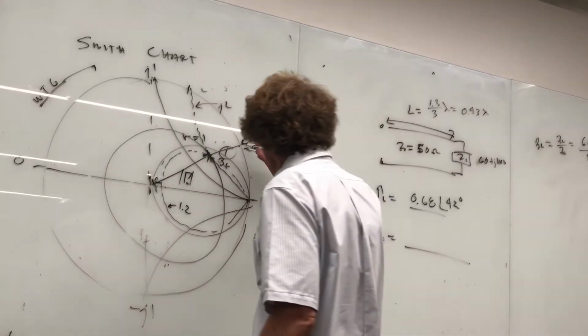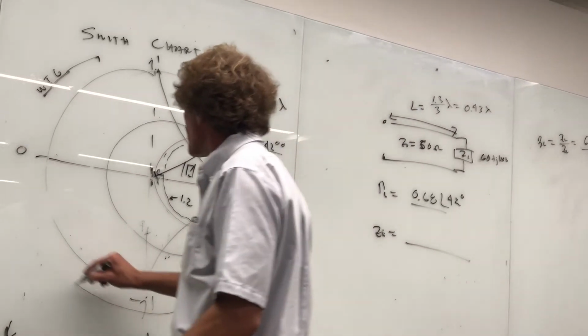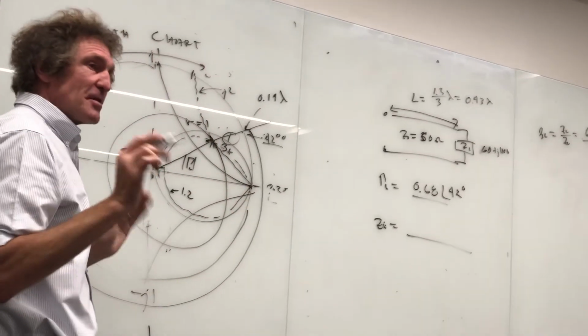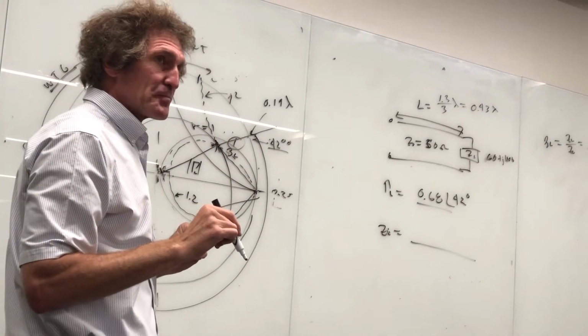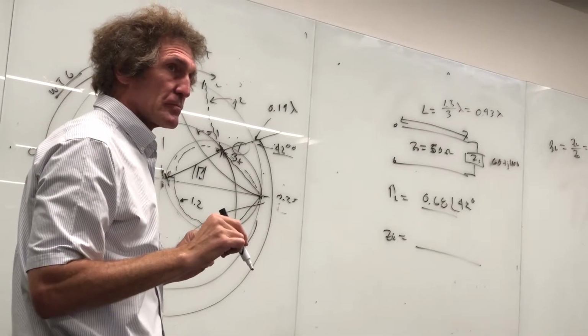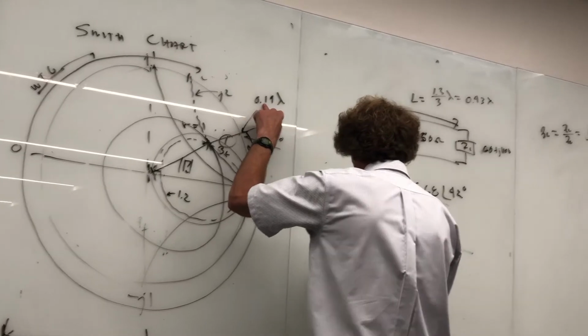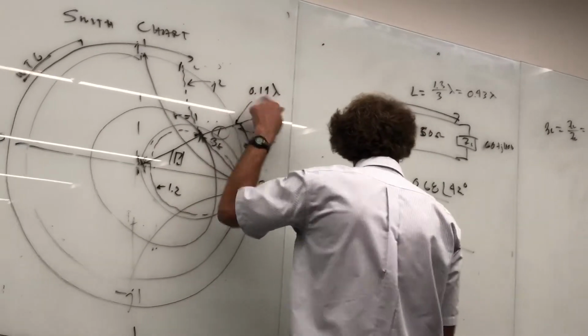So do this with me. We're going to move from here. We're going to move all the way around to 0.43, but there's a secret here I want to show you. When I have 0.19 lambda, that's where I started.